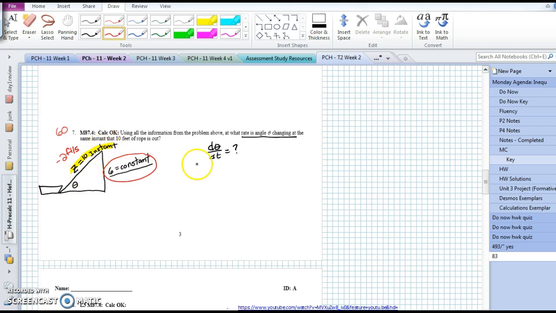We also know information about the hypotenuse. So that leads me to sine of theta is equal to opposite over hypotenuse. The opposite is always 6, so I'm going to put that in as a constant. The hypotenuse is not always constant, so it needs to be left as a variable. Now I will differentiate both sides with respect to time.